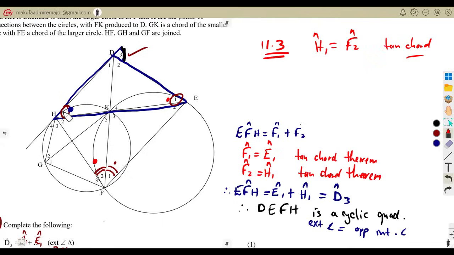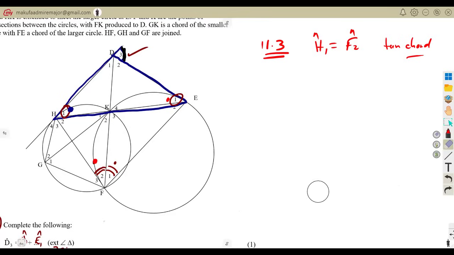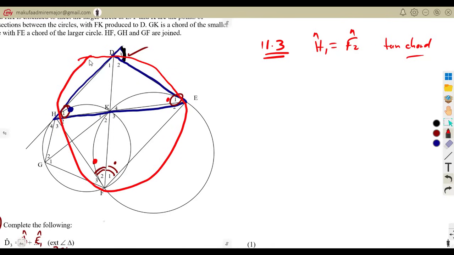How can we relate H1, this one, to F1? Remember we said this is a cyclic quadrilateral. This one we proved that DEFH like this is a what?